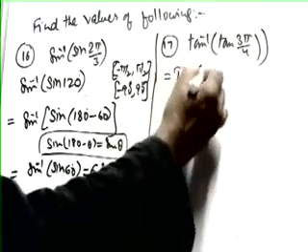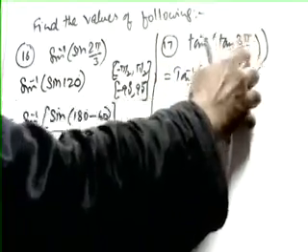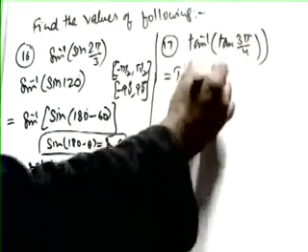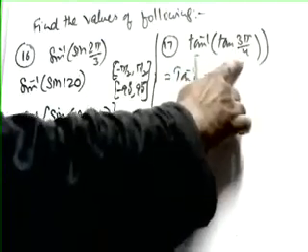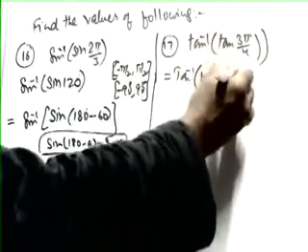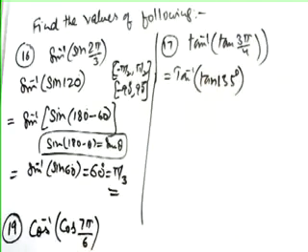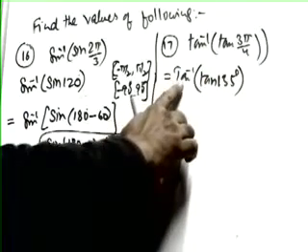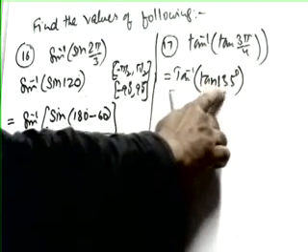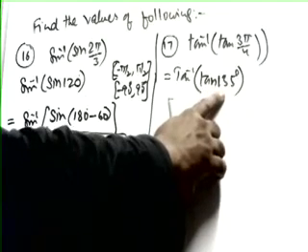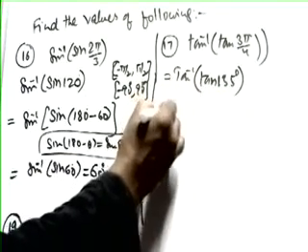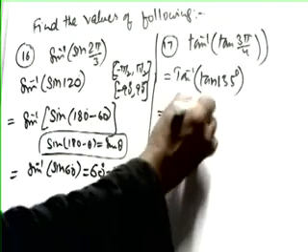In the same way, watch carefully, tan inverse of tan. We know pi by 4 is 180 by 4. 180 by 4 is 45. 45 into 3 will be 135 degrees. Just now I explained to you that we cannot take this 135 degrees, because the principal value I have to take is between minus 90 to plus 90.